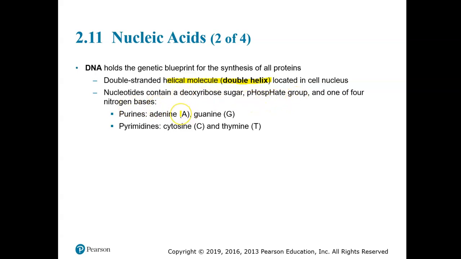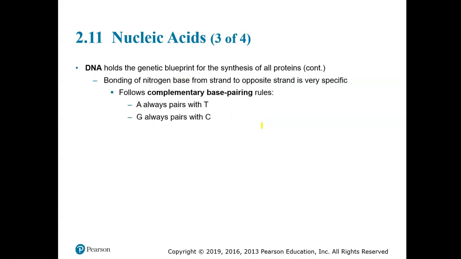The bases can be adenine or guanine. They are called purines because they are a double ring shape. They have 2 rings in their structure. Or the bases can be cytosine and thymine, which are pyrimidines because they have a single ring structure.